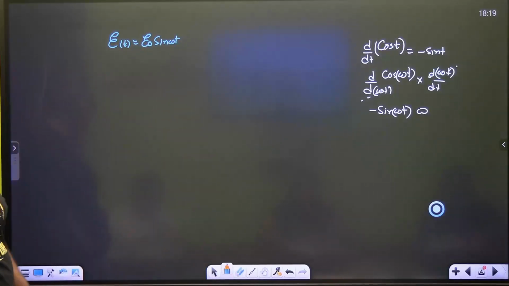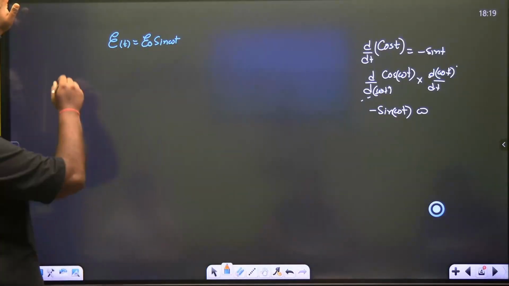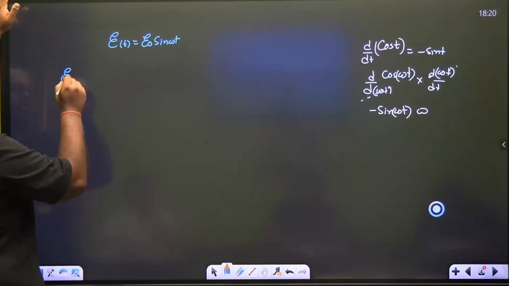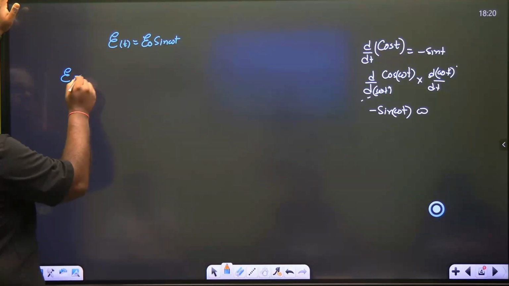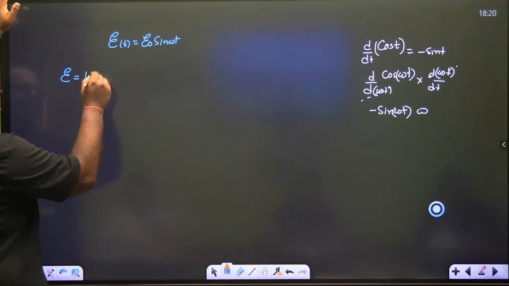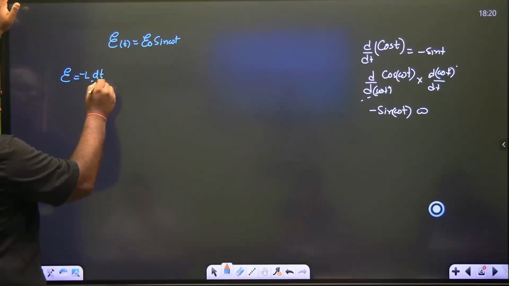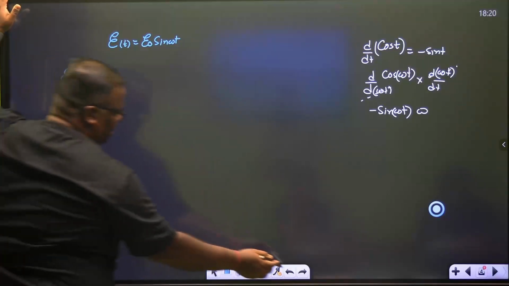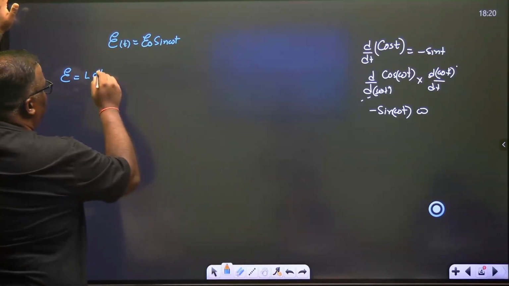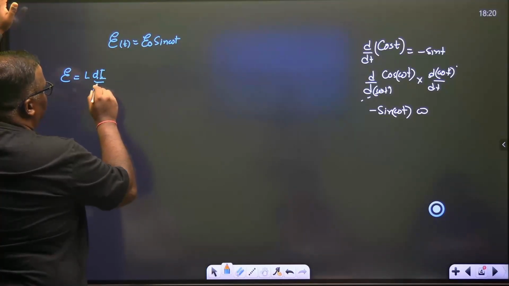And you have just learned from inductance that E is also given as minus L di by dt.